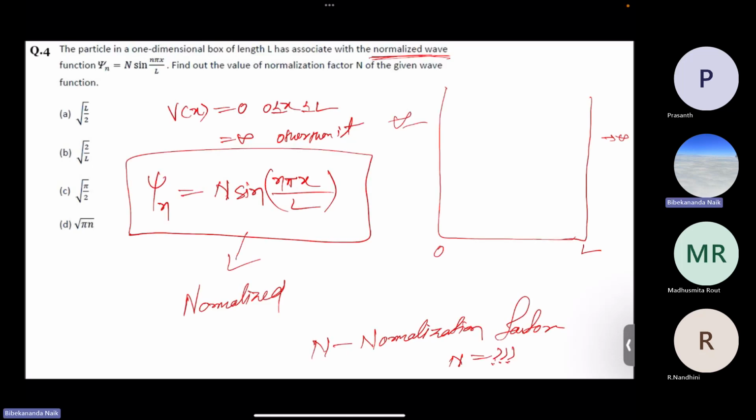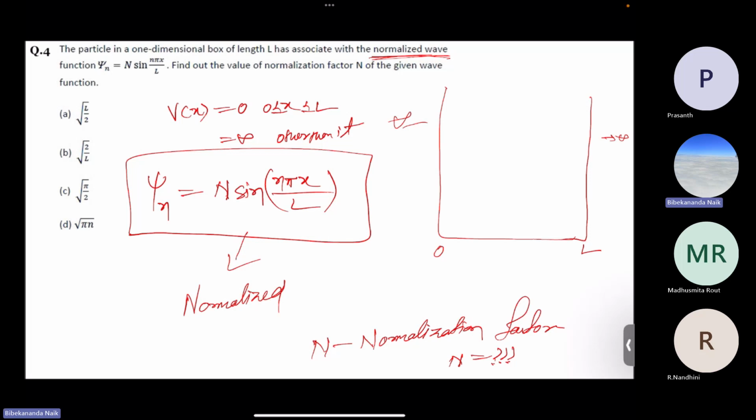So basically, these are the four options. And by normalization, what we mean, so according to quantum mechanics, every system is characterized by a wave function, and the wave function has a certain form.